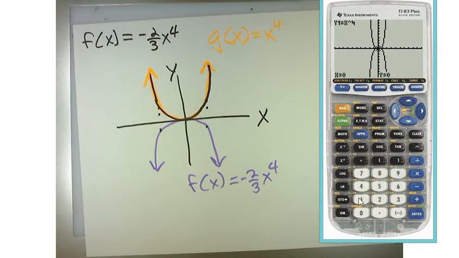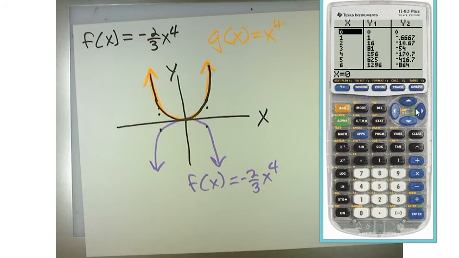Okay. And I could prove that to you because watch this. If I plug in x equals 1, we're going to raise 1 to the 4th power. So on my parent function, I've got y equals 1. But now if I hit x equals 1 on the second function, I get 2/3. So let me show you this in the table of values because this is kind of cool. So this is my first function, the parent function, x to the 4th.